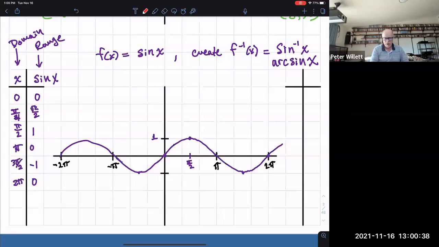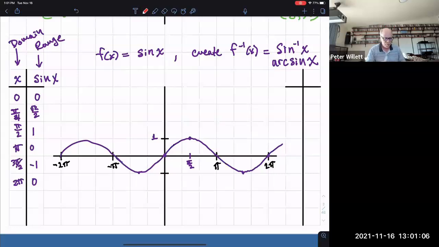And just like with the x squared function, the way we can produce an inverse to the sine function, which in its full glory does not have an inverse, is we can restrict the domain. We can limit the parts of the graph that we're considering until it does pass the horizontal line test. We would have to take away a whole lot of the sine function.